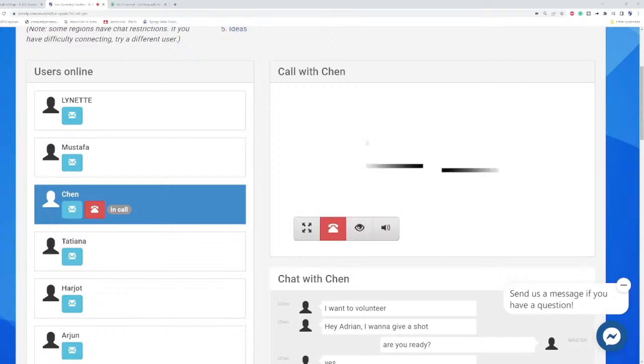Again, students, one really good way to make sure that the system works is to test it with somebody. And as you can tell, it should work because I've already spoken to 2 other of your classmates. Yeah, I'm not sure why, Chen. If you're using a VPN, like a proxy network, that can always be tricky.